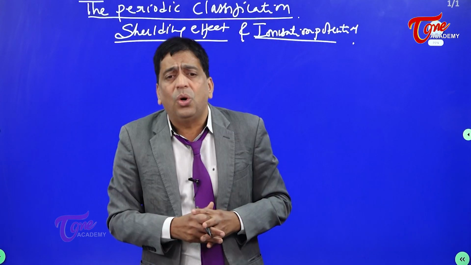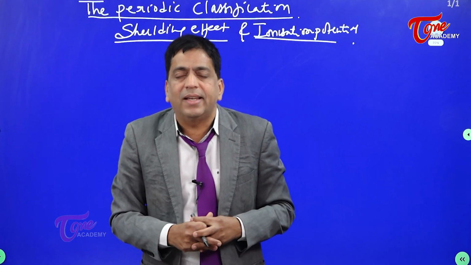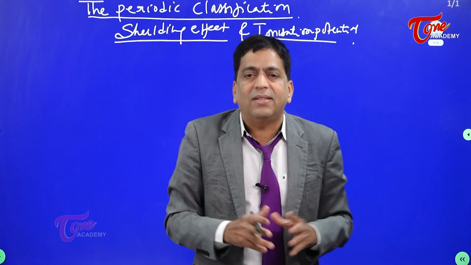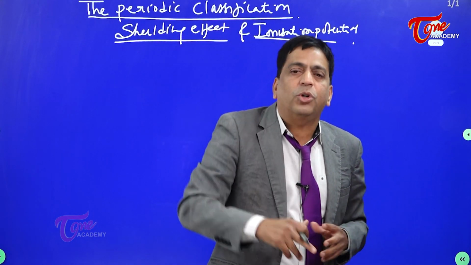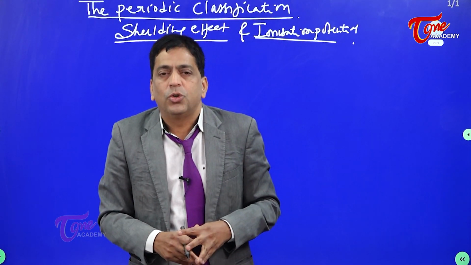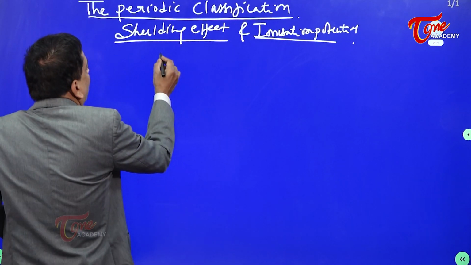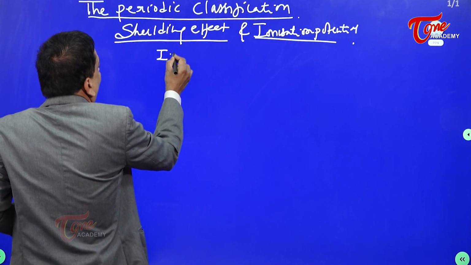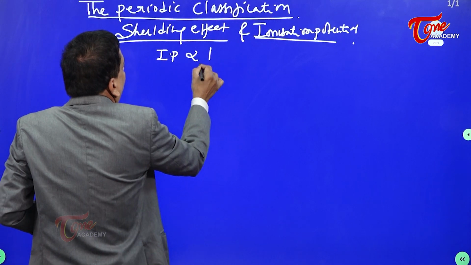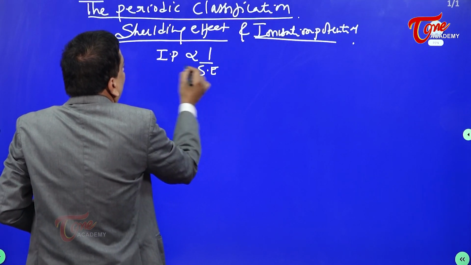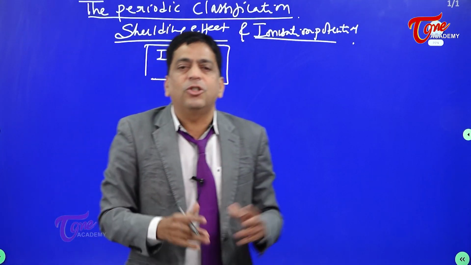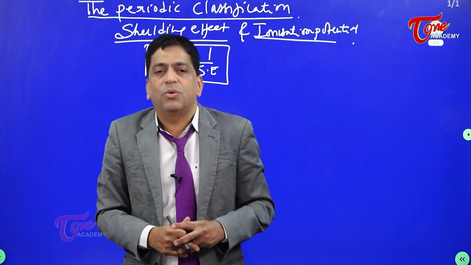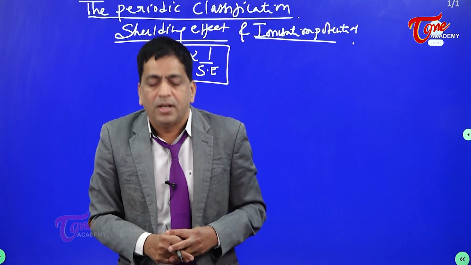If the outermost shell is relaxing, it's easy to spend less energy and remove the electron, thereby the ionization potential falls. So ionization potential is inversely related to shielding effect, you must understand here.